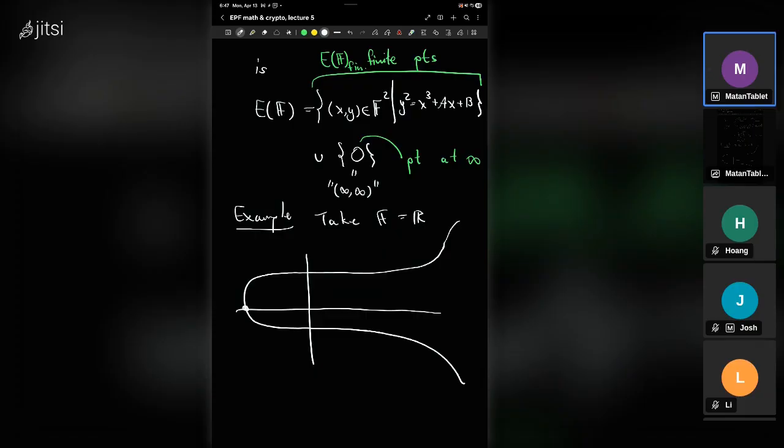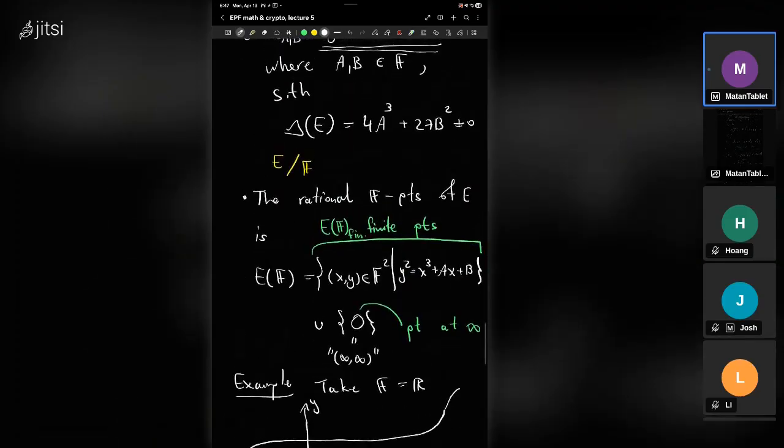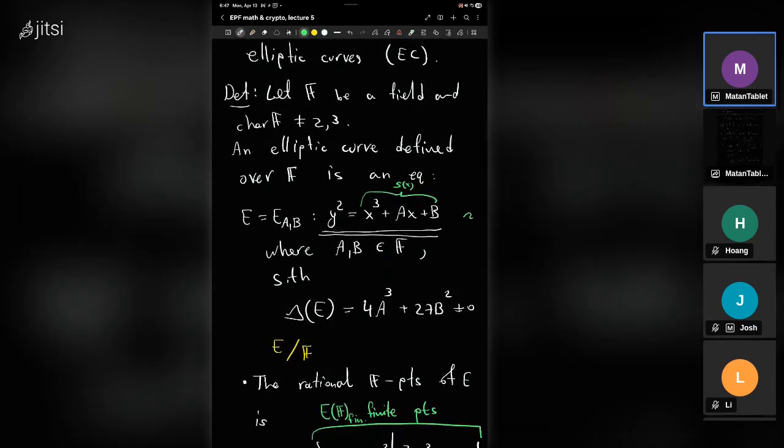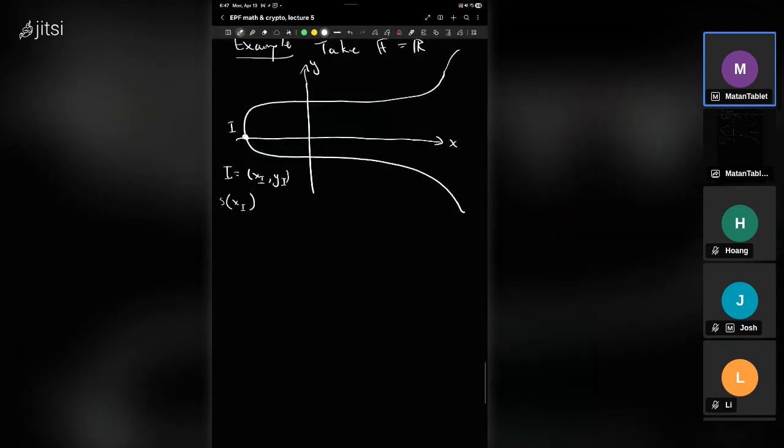And this point, let's say I, has xi and yi, but yi is equal to 0, right? This is the y-axis. This is the x-axis. So it means that xi is a root of this polynomial S that appears in the right-hand side of the equation of an elliptic curve. Okay. So this over R is a very nice picture.